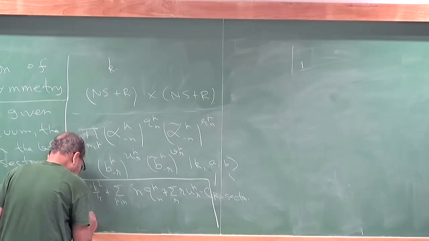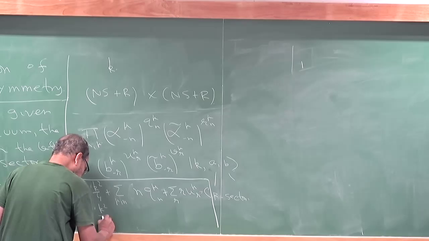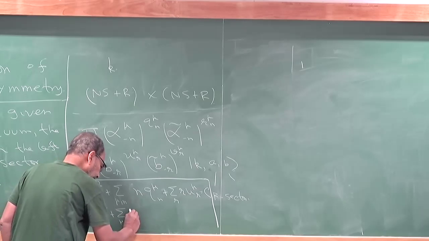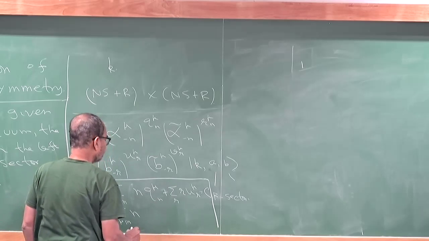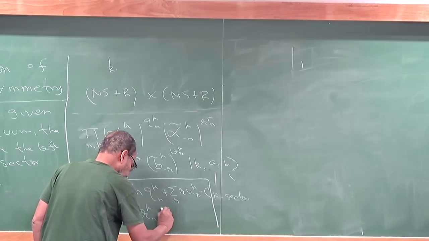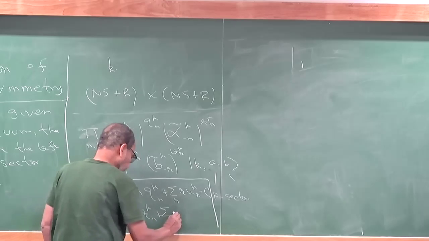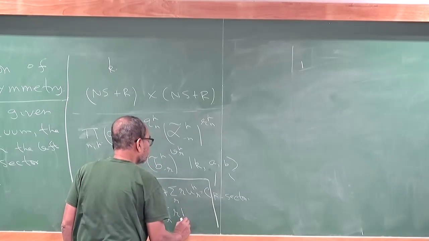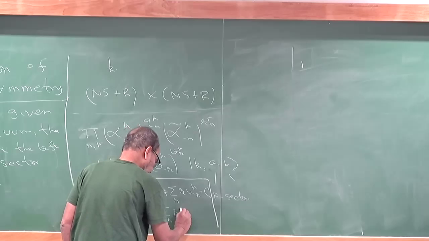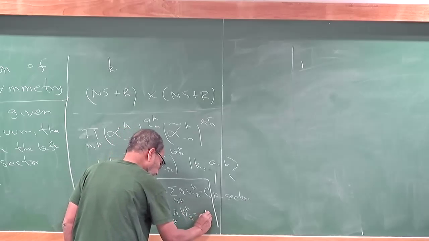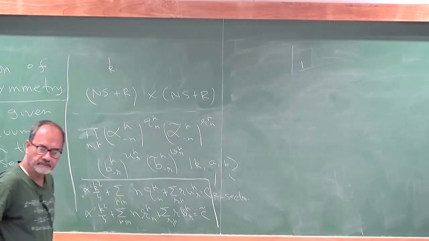And alpha prime K squared by 4 plus the sum over mu and n, for the left-moving oscillators, is equal to C tilde.